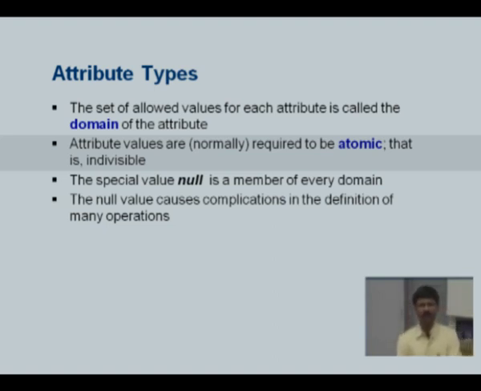There is also a special value called null which we will be seeing repeatedly, which is to represent the fact that a particular attribute value is either missing, that is it just does not exist, or we don't know what it is. Null could mean either thing. For example, if we don't know the salary of an instructor, we could set it to null. If we don't know the department of an instructor, we could set it to null.